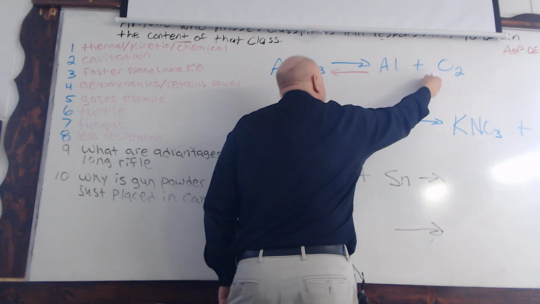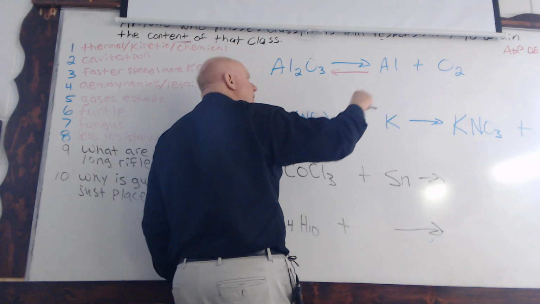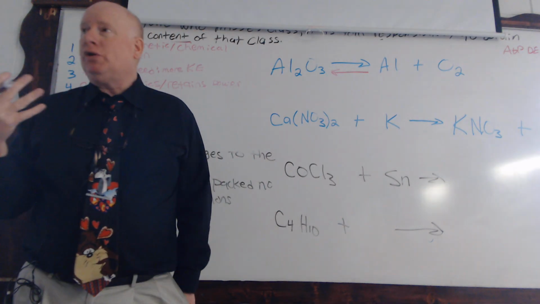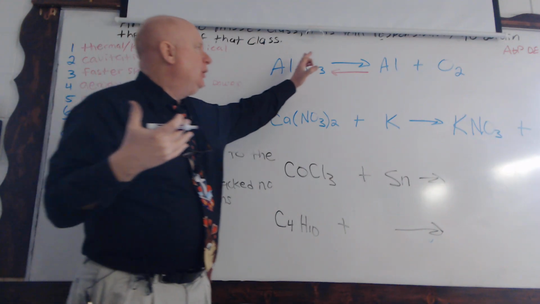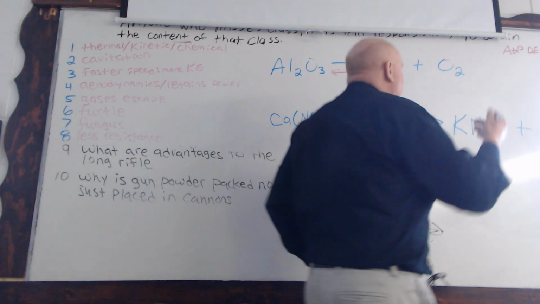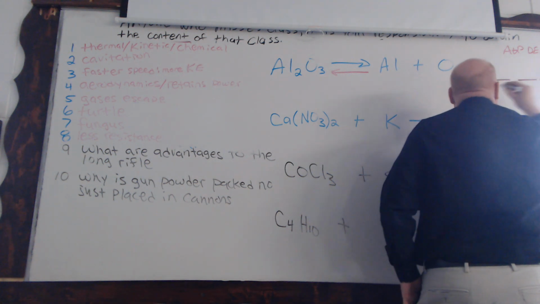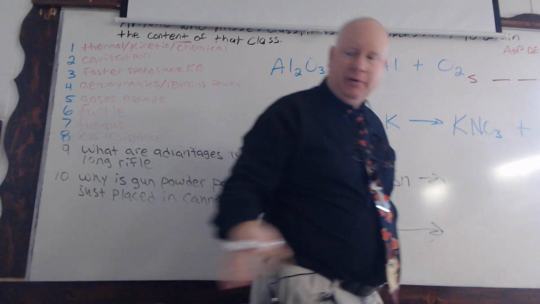If it's going back this direction, then it's a synthesis reaction. And we call this reaction just reversible because you can go one way or the other. But we'll just stick with the blue going in this direction. We know that that is a decomposition reaction.